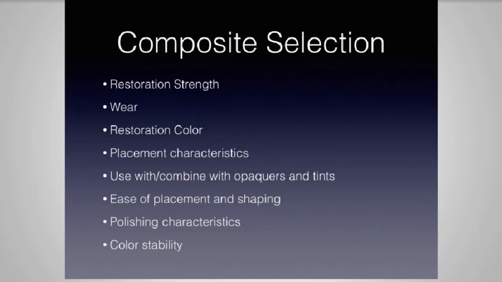Can you use it to combine with opaquers and tints? And in our aesthetic world, we definitely need to master and learn how to work with these various opaquers and tints. Ease of placement and shaping comes into play, along with, of course, polishing characteristics and color stability.